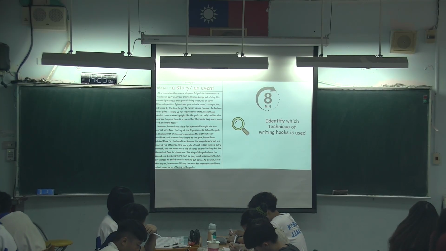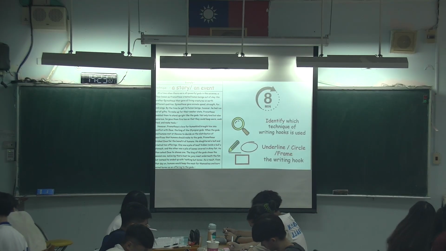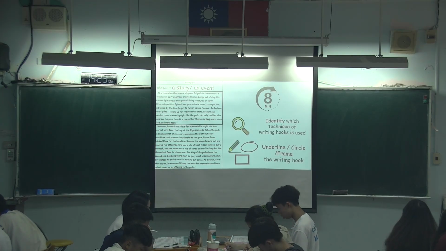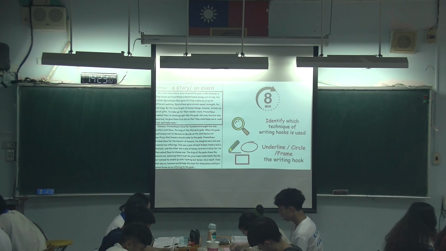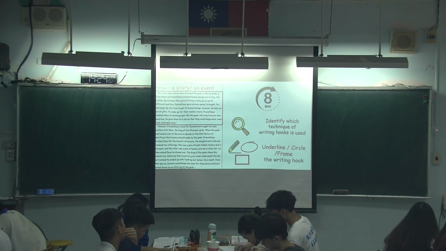And the second thing you have to do is this. Try to underline, circle, or frame the writing hook of each text. So if you find the writing hooks, frame it, circle it, or underline it. If there are no further questions, we'll start right now, okay? I'll give you 8 minutes.